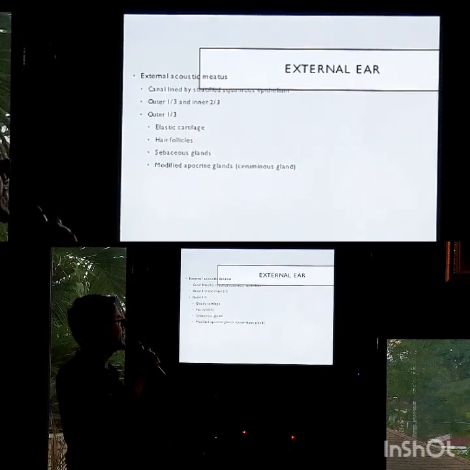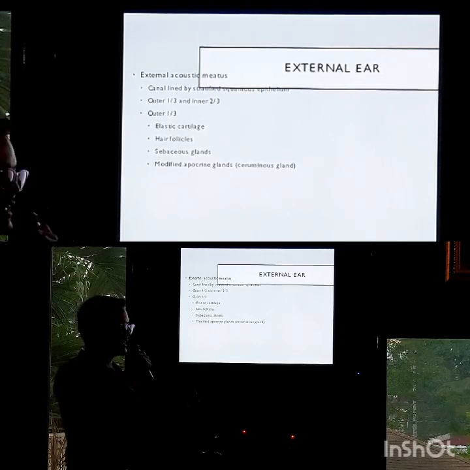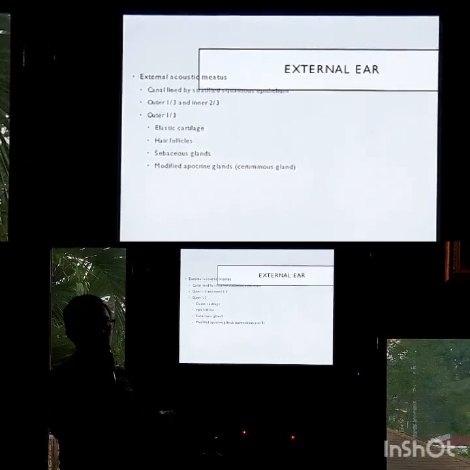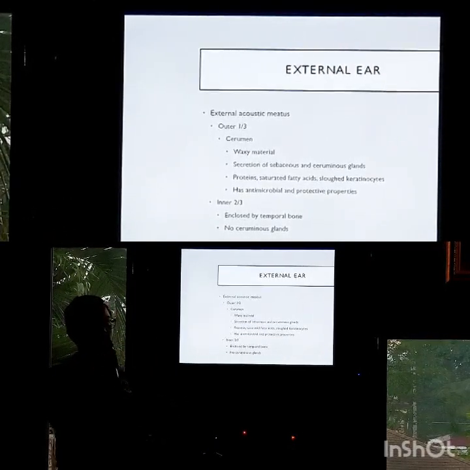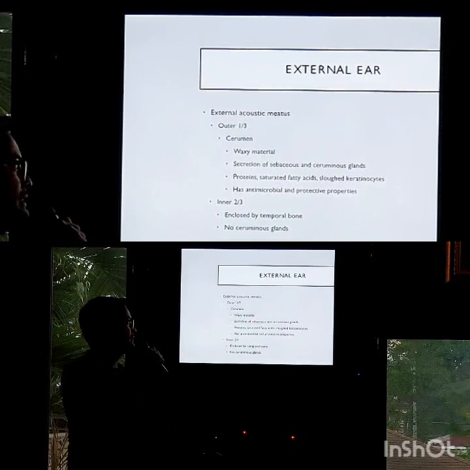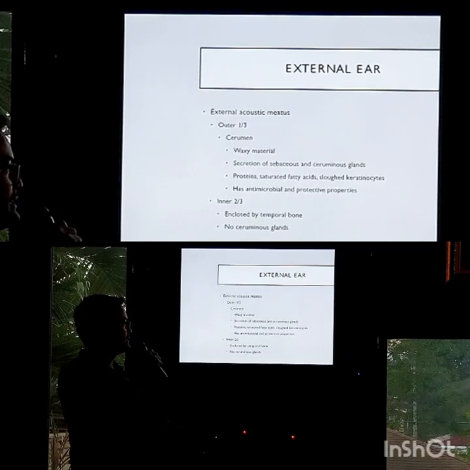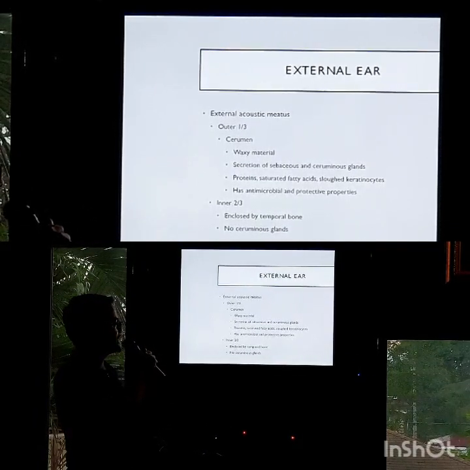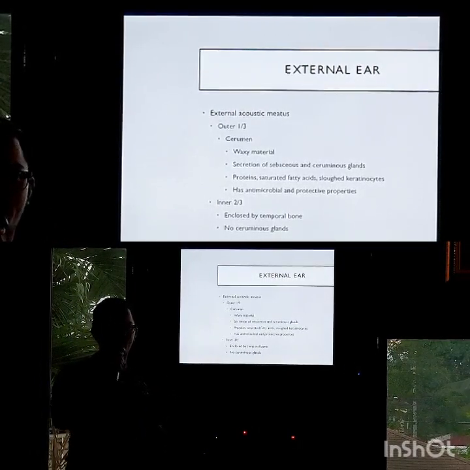It has hair follicles, sebaceous glands, and modified apocrine glands called ceruminous glands. And together, these form cerumen, or earwax. It is a waxy material composed of the secretions of sebaceous and ceruminous glands. It has proteins, saturated fatty acids, sloughed keratinocytes, and it has antimicrobial and protective properties.